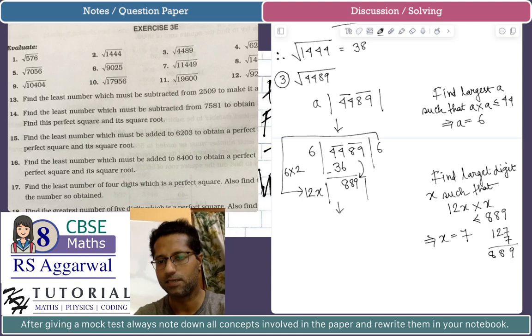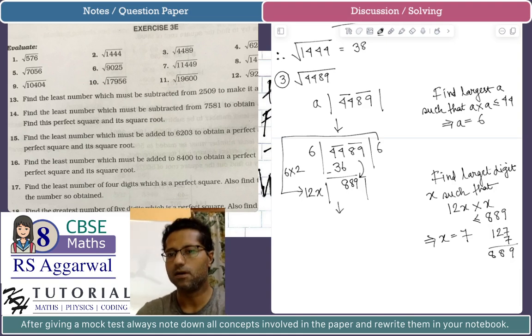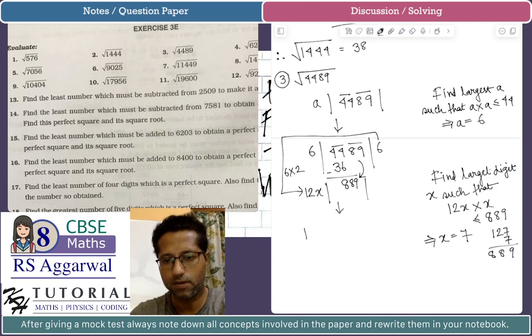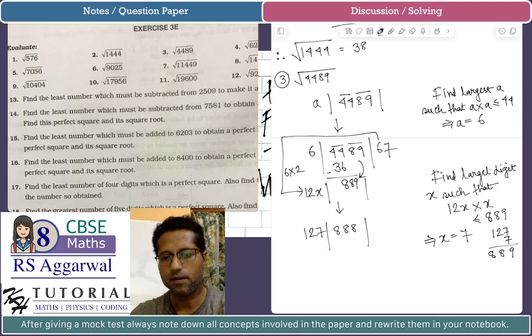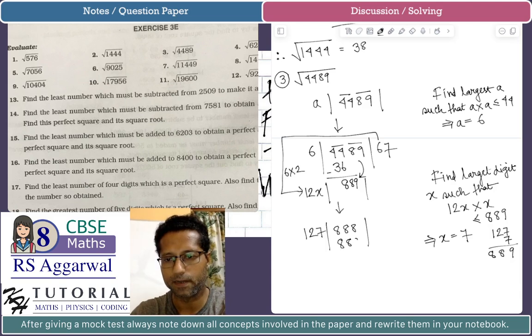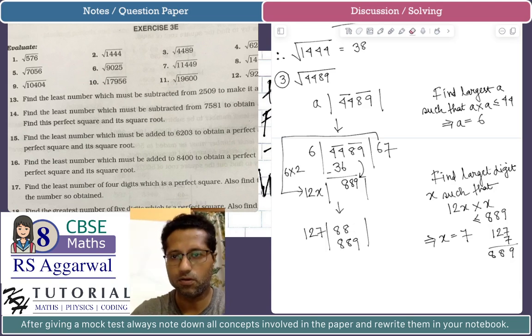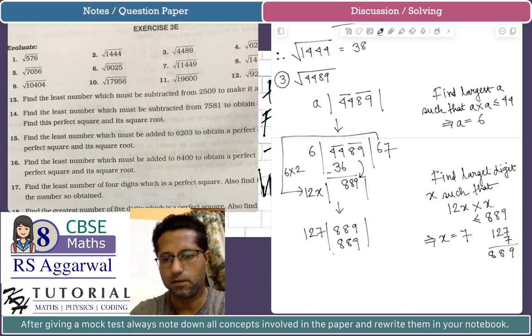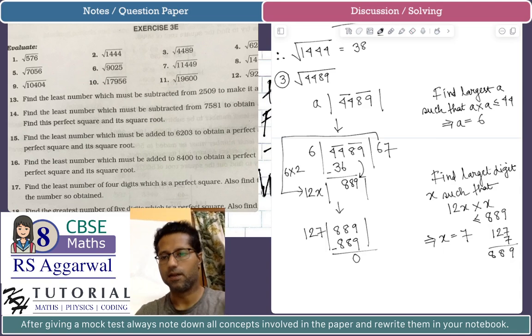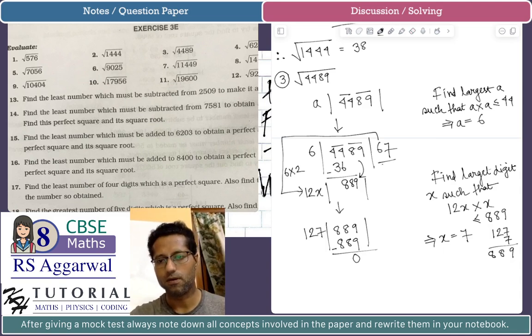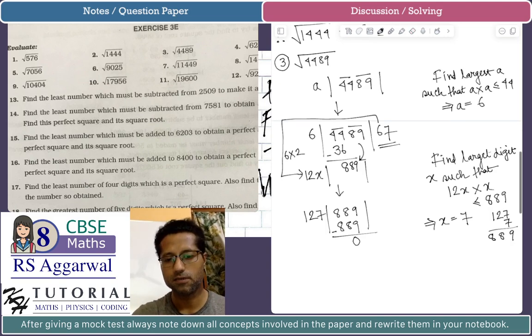This x will also get appended to the quotient. So 127 multiplied by 7 is 889, not 888. The remainder is 0, and there are no more periods left. So the square root answer is 67.